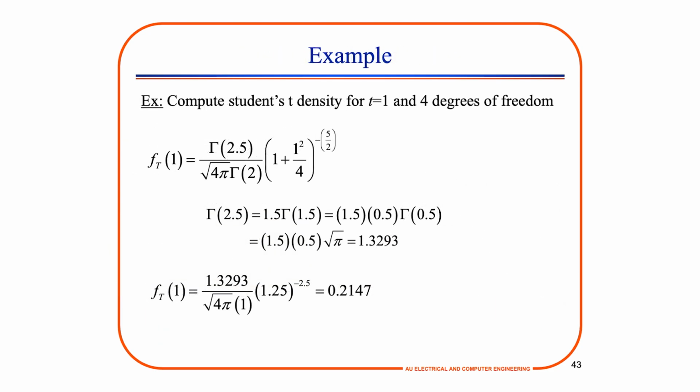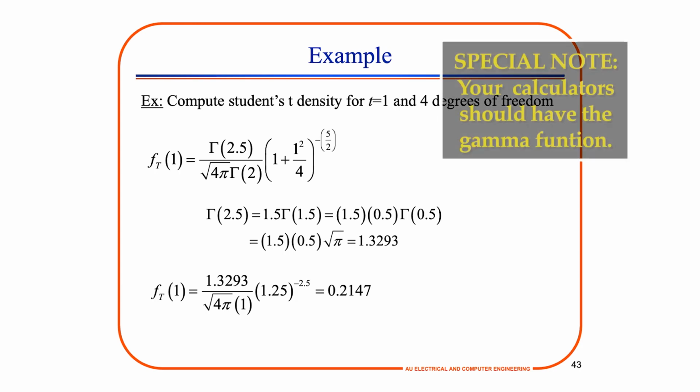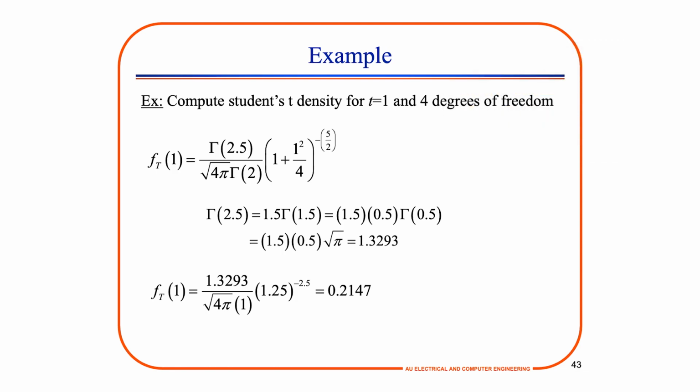I'm not going to spend much time on this. So if they just want the value of the student's t distribution for the argument equal to 1 and 4 degrees of freedom, it's just plug and chug this. By the way, your calculators have the gamma function, I think, if you look it up. It's G-A-M-M-A. It's usually a capital G. I believe you have it there. And they'll allow arguments that are real and imaginary, but we're only going to talk about real arguments.